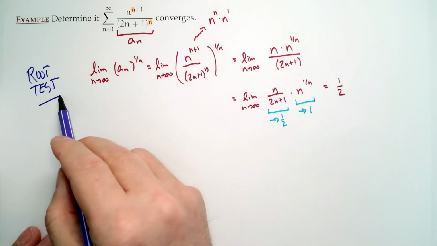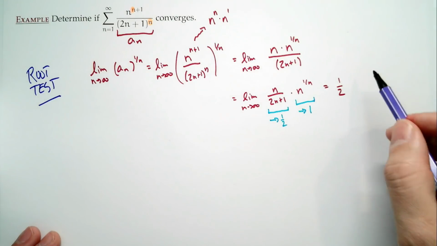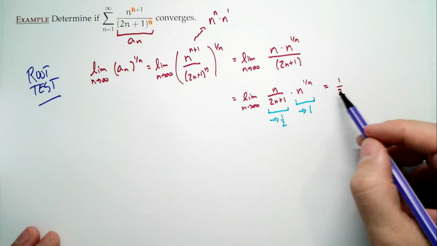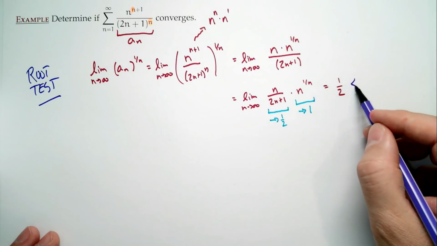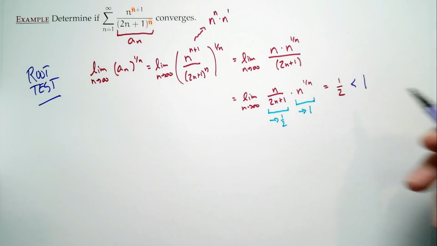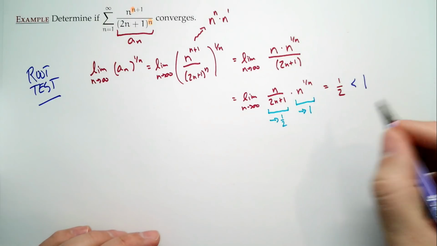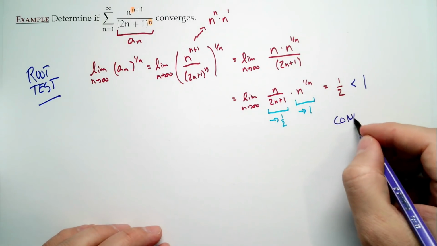So we're in the root test. In the root test, what we do is we compare this number to 1. Well, a half is less than 1. And therefore, what we get is that this will converge, right? Because that's smaller than 1. So this converges.